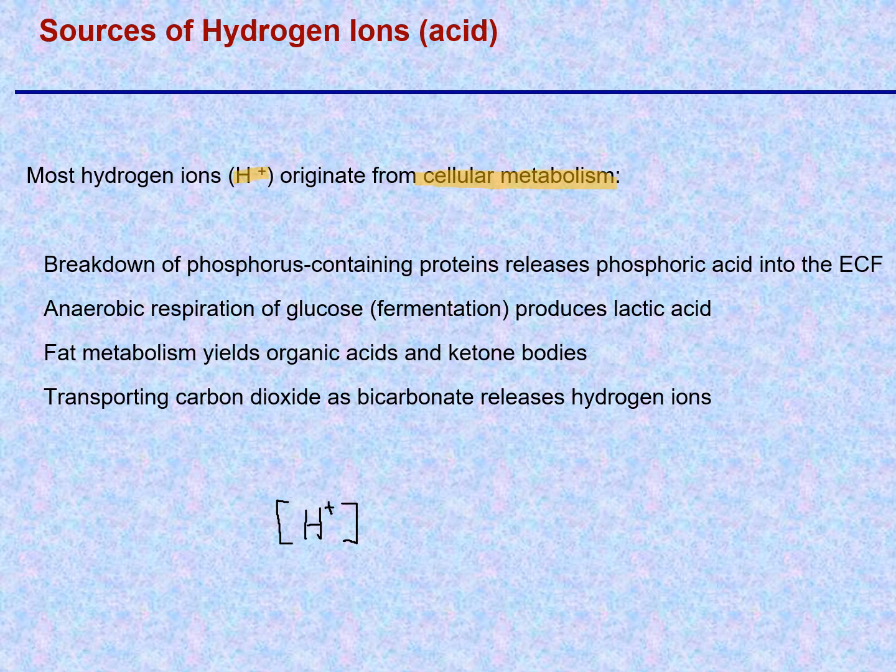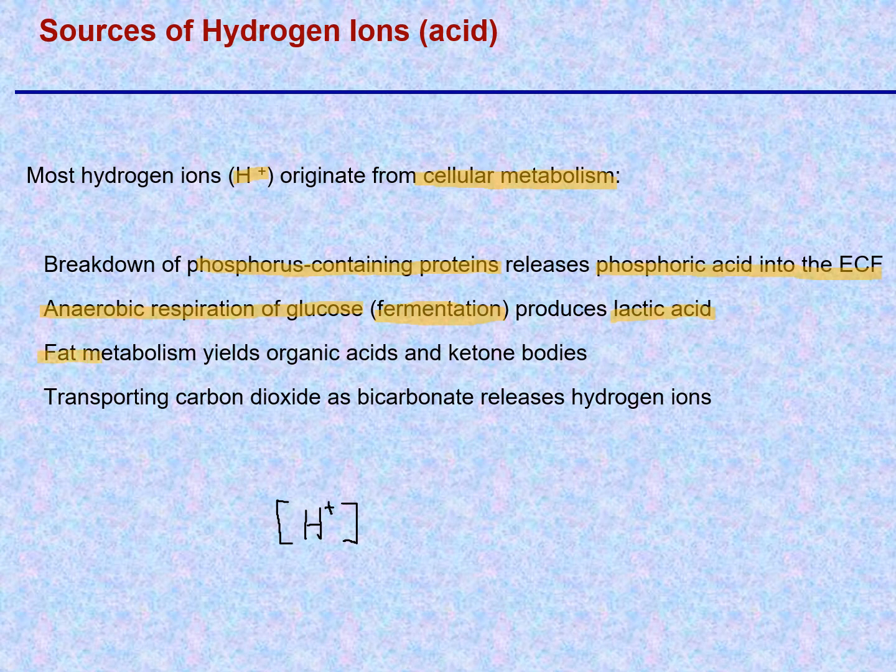You have a breakdown of phosphorus-containing proteins, and many of the proteins in the body do contain phosphorus, and that releases phosphoric acid into the extracellular fluid. That's one source. You have anaerobic respiration of glucose, which is lactic acid fermentation. That also contributes to the hydrogen ion concentration, therefore dropping pH.